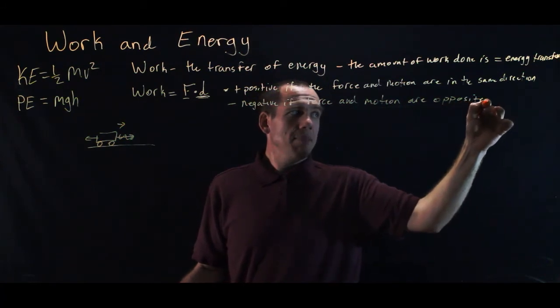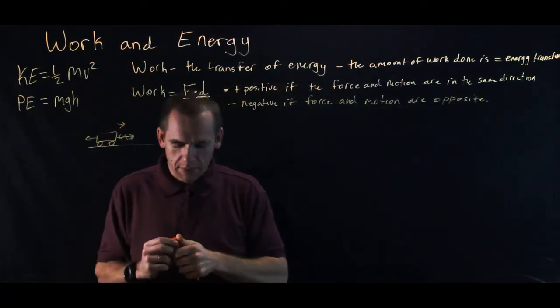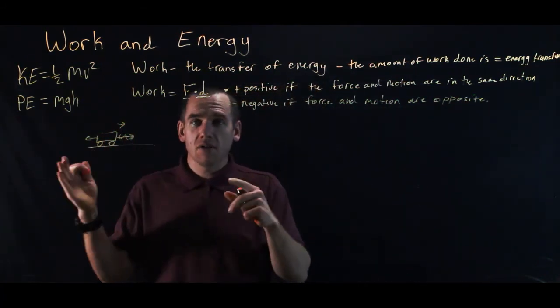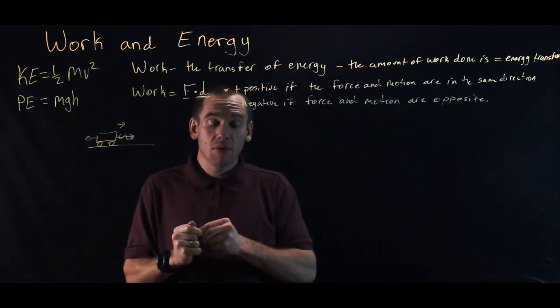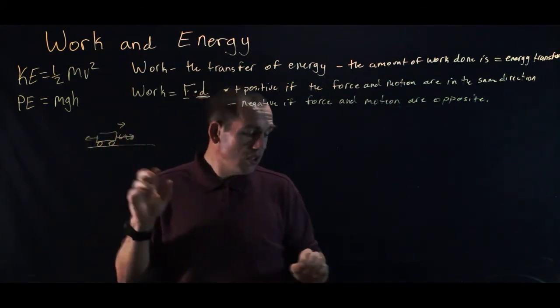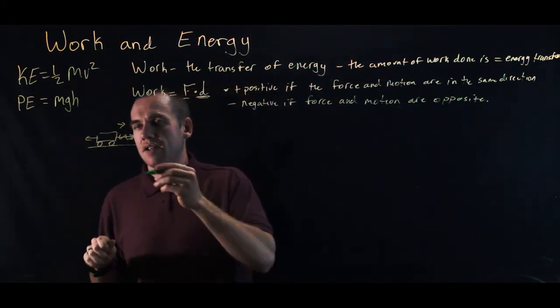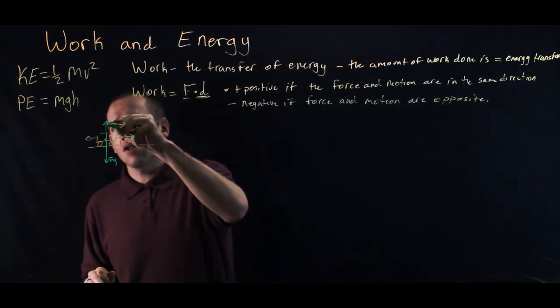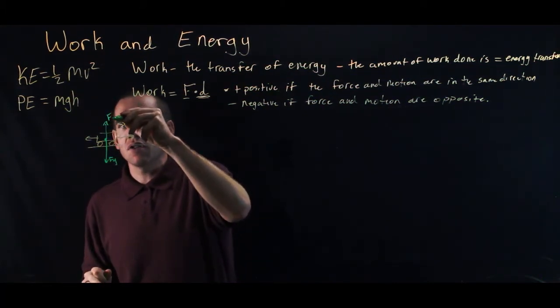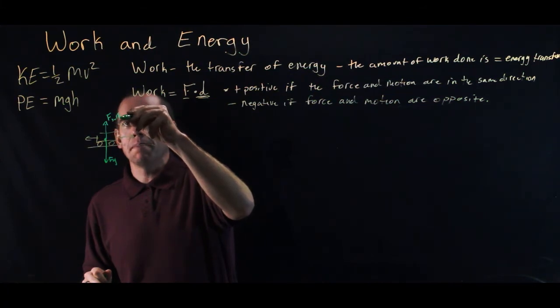Now, let's get back to this cart. If I exerted a force either left or right and caused it to speed up or slow down either to the left or to the right, then I did either positive or negative work. But those aren't the only forces that are acting, right? Because there is gravity, which pulls it down, and there is the normal force, or the force from the surface, which pushes it up.